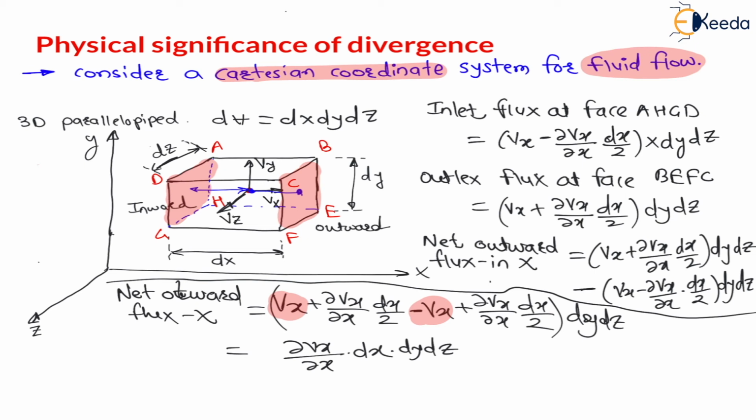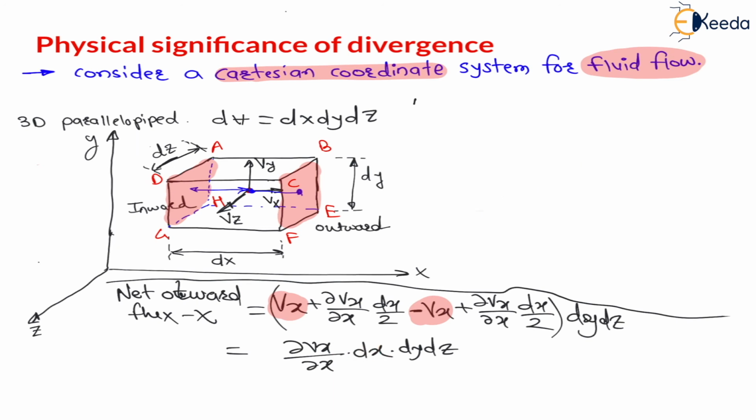Now, this is the net outward flux along x direction. Similarly, let us project the result on y direction and z direction. Therefore, here net outward flux in x direction will be equal to dou Vx by dou x, that is velocity gradient along x direction, into volume dx dy dz.